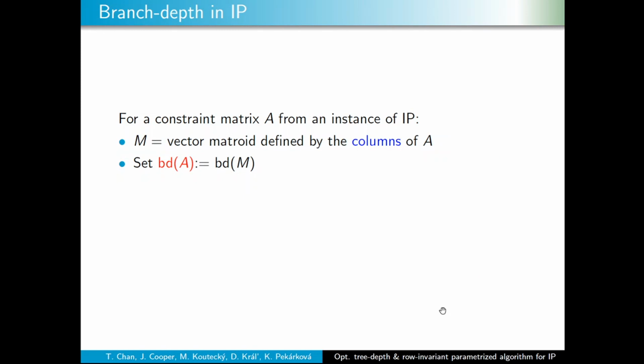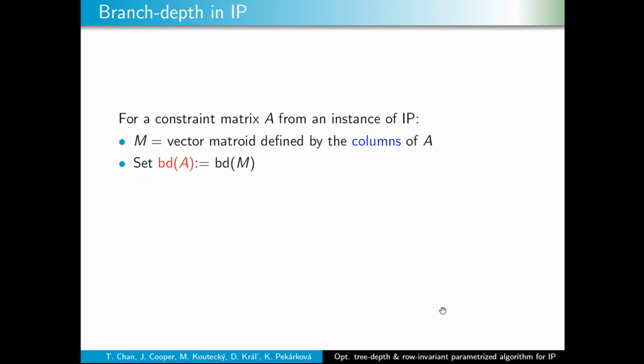And how does one even obtain a matroid from an integer program? Well, it's quite simple. All you do is consider the vector matroid obtained from taking the columns of your constraint matrix A as your ground set. And this allows us to define the branch depth of a constraint matrix as the branch depth of this matroid.